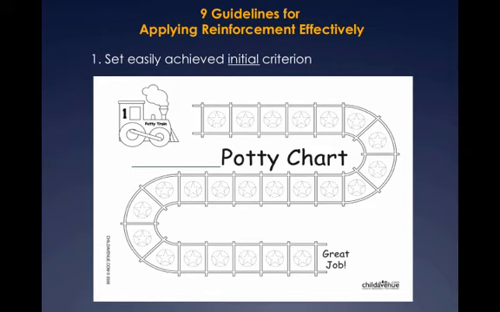So if it's a new skill, you have to let them have the reinforcer very often so that they start to understand this behavior results in a consequence that I like. If you make them go to the restroom 10, 20 times before they see the value in it, right? They might go to the bathroom once or twice, but if they're not getting anything immediately from it, they're probably not going to continue that behavior.